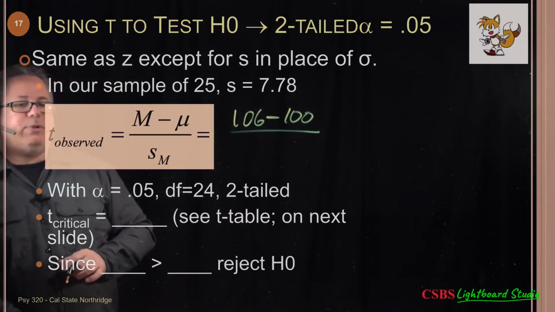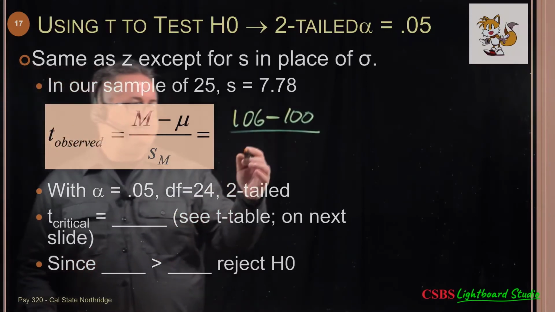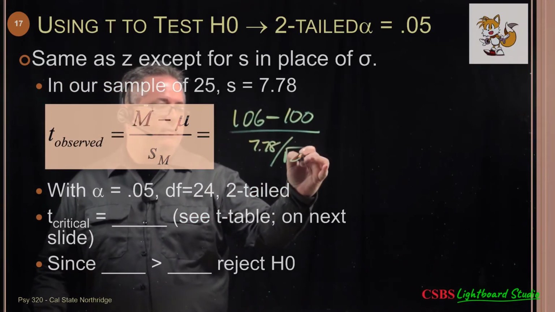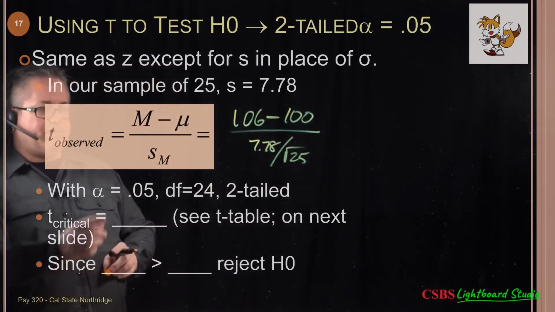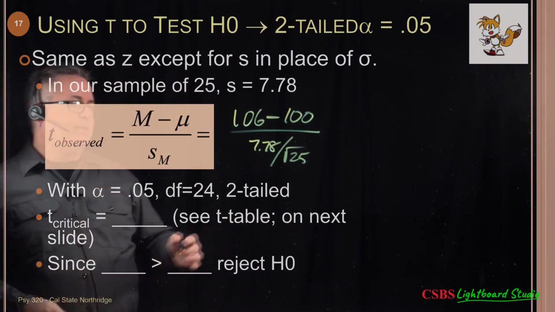Before, we took 15 divided by the square root of 25. Well, now we're going to take 7.78 over the square root of 25. Because that's what S sub m is going to be: our standard error based on S instead.